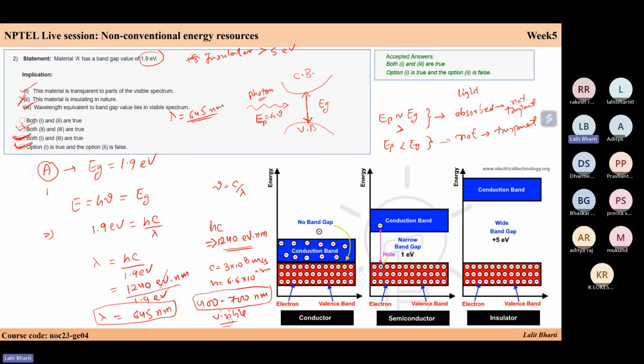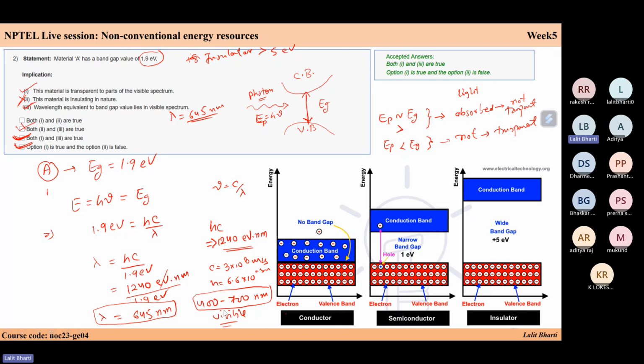The visible spectrum is basically around 400 to 700 nanometers, and if you calculate from this Eg value, we get the wavelength absorbed will be 645 nanometer. So it is given that this material is transparent to parts of the visible spectrum.